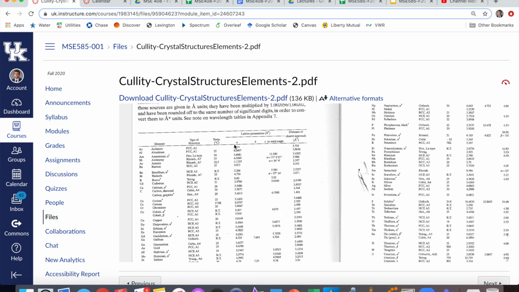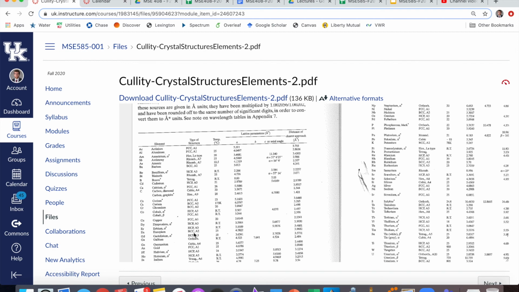So I'll scan through here and you do the same and see if you can get anything that's close to 2.8665. So right off the bat, we see one here, but it's too high. Another BCC, 6.0, so too high. Then this other one, chromium, it's getting closer, 2.88, so pretty close.